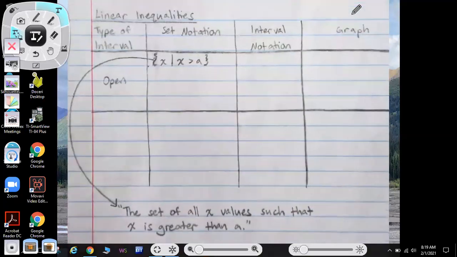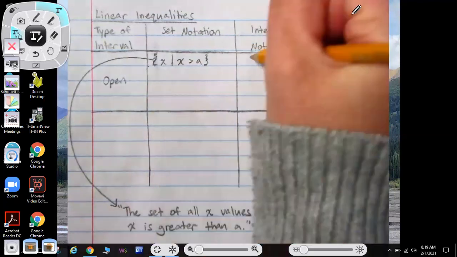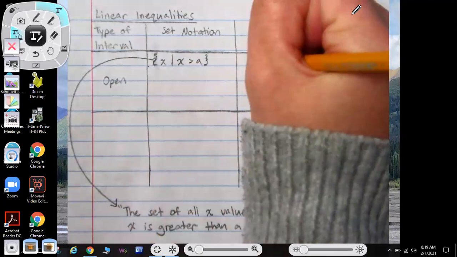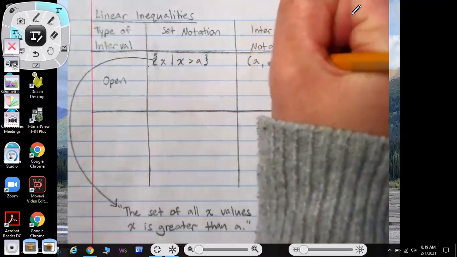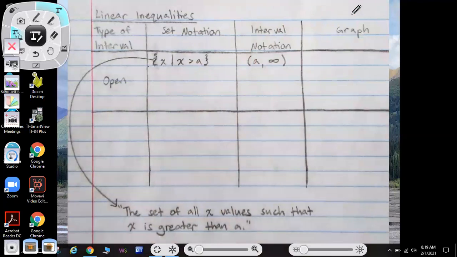Okay, interval notation for this interval is a parenthesis, a to infinity, parenthesis.